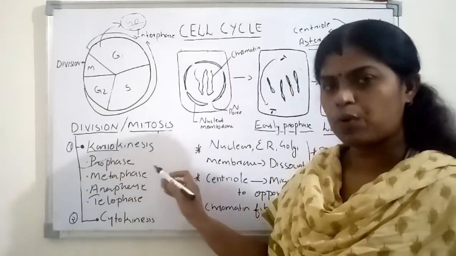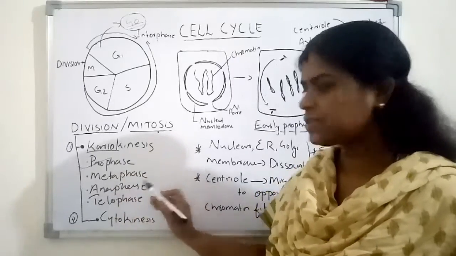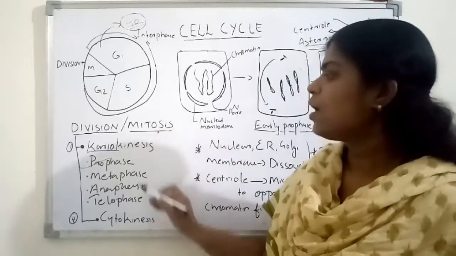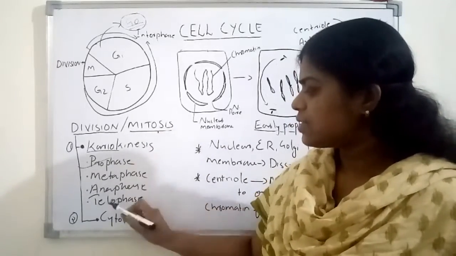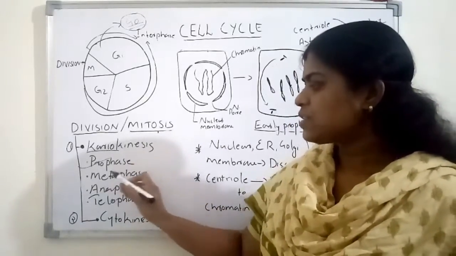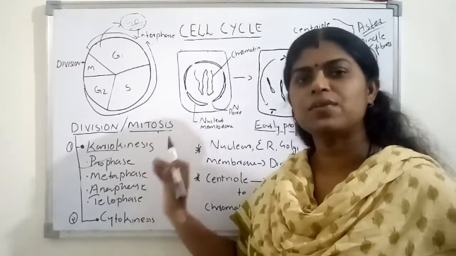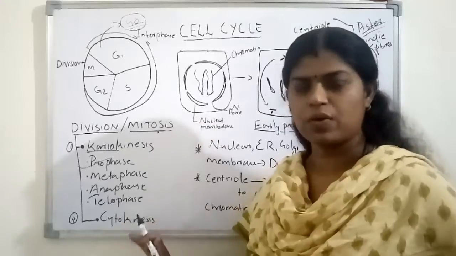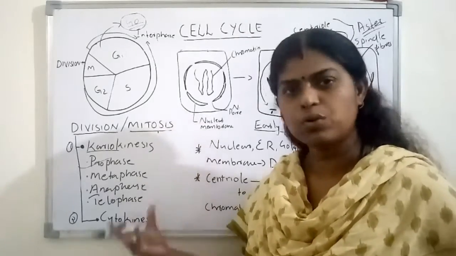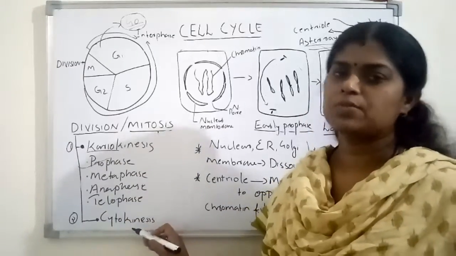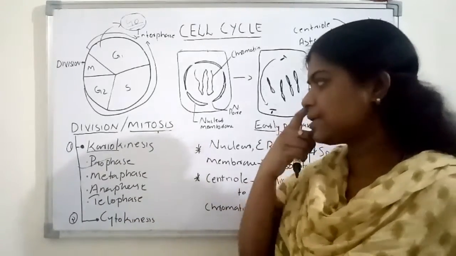The first is prophase, second is metaphase, third is anaphase, and fourth is telophase. When all these are finished, the division of the nucleus is done. The nucleus is divided into 2, and after that the cytoplasm divides, that is cytokinesis.